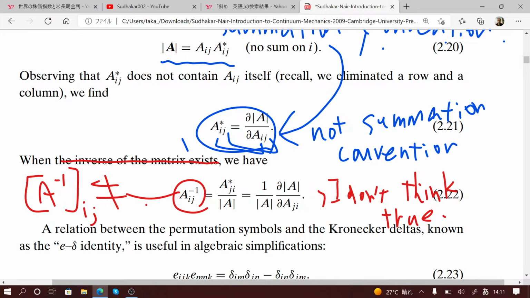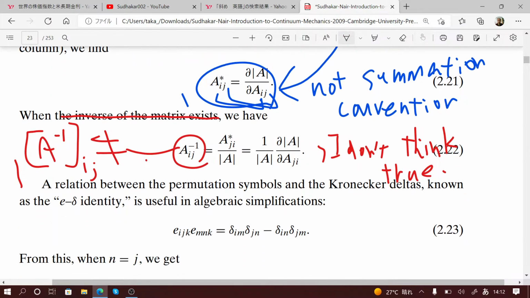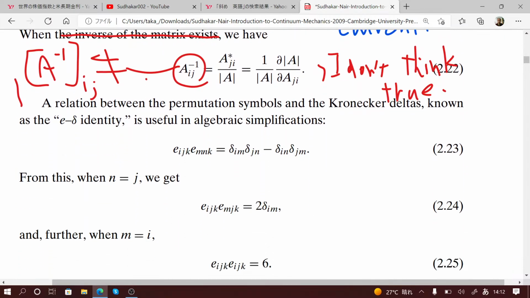A relation between the permutation symbol and the Kronecker delta, known as the epsilon-delta identity, is useful in algebraic simplification. Oh, it's complicated.